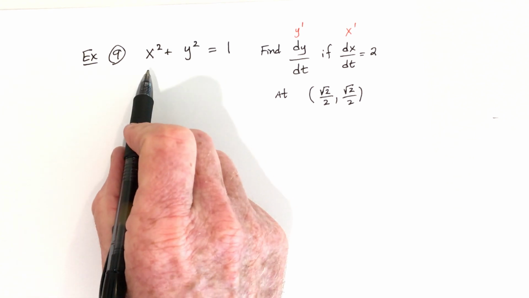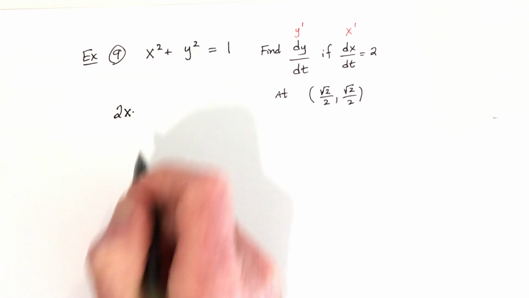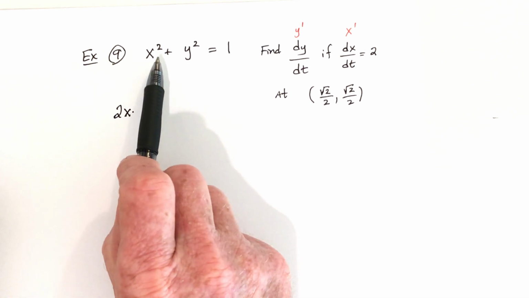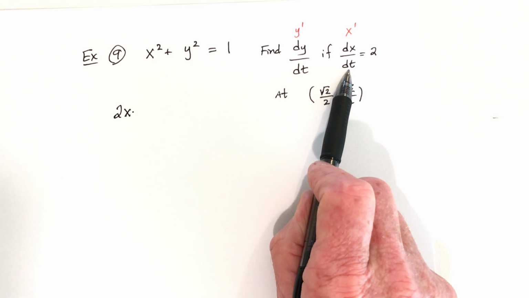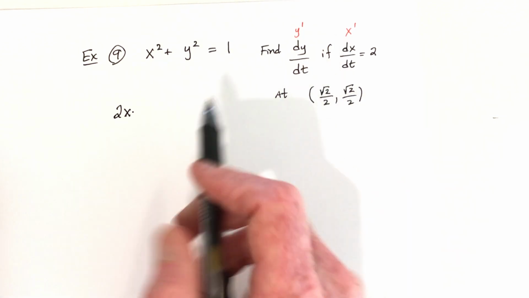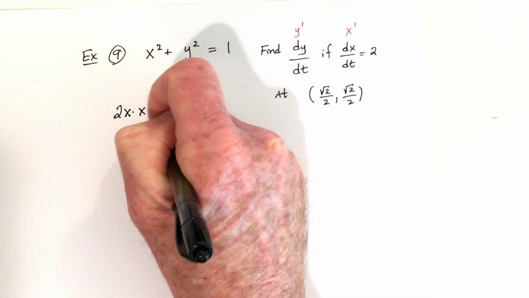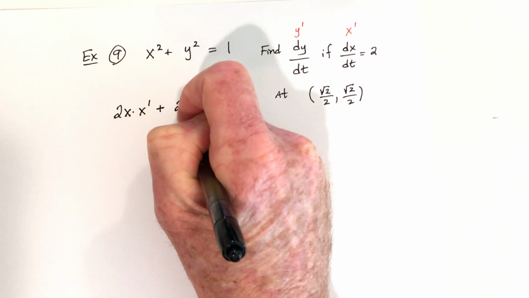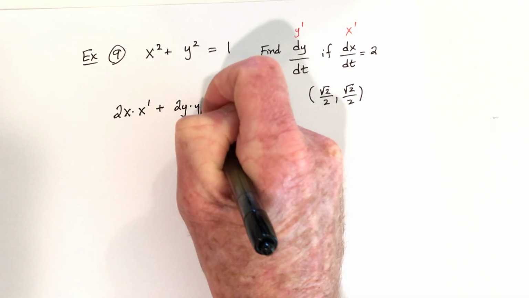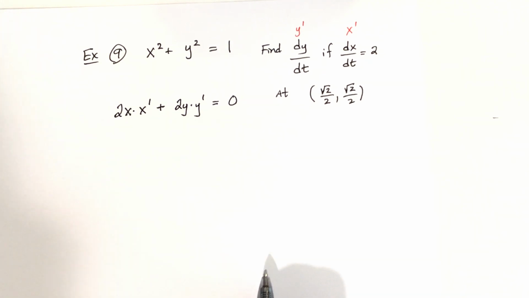So on this side, when I take the derivative, it's going to be 2x because of the power rule. And then take the derivative of x, and because we're taking the derivative of x with respect to t, that means I get an x prime. So then it's going to be times x prime. And for the y squared, it's going to look the same except with the letters y instead of x. And on the right side, the derivative of 1 equals 0.